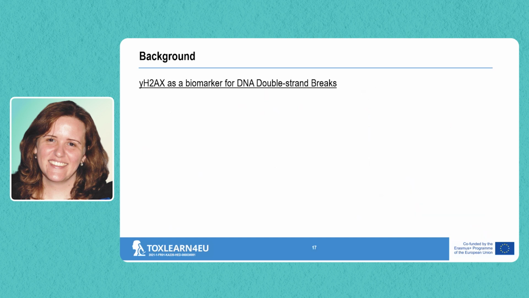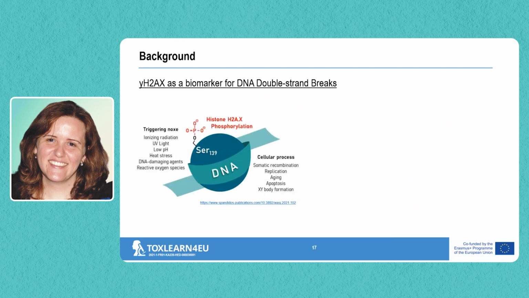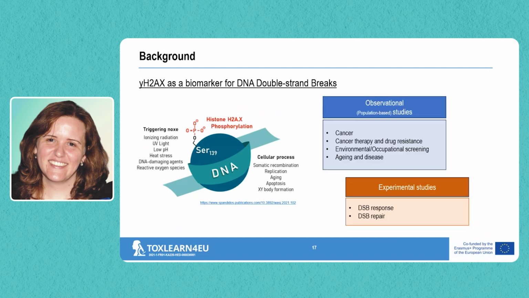This means that the phosphorylation of H2AX is for sure a biomarker of DNA double-strand breaks. It has been used, as I was saying, to analyze double-strand break induction after exposure to a number of different agents, and we can use it both in vitro and in human populations.